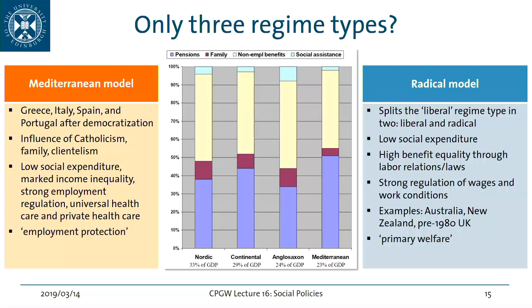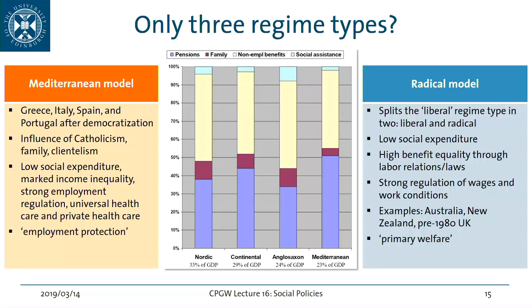And you see, by the way, in the graph in the middle that the Mediterranean system on the right pays the largest amount of its welfare in the form of pensions compared to the other systems. And so the Mediterranean model is all about employment protection. It really tries hard to keep you in employment or to catch you when you fall out of employment. But it's not really designed to provide a huge amount of other benefits to you.